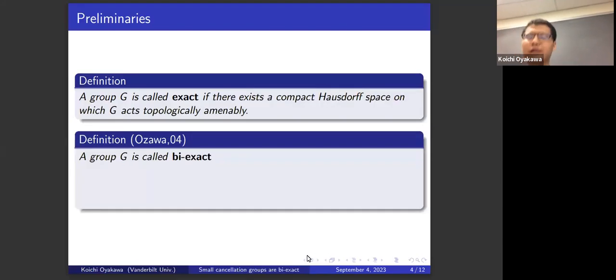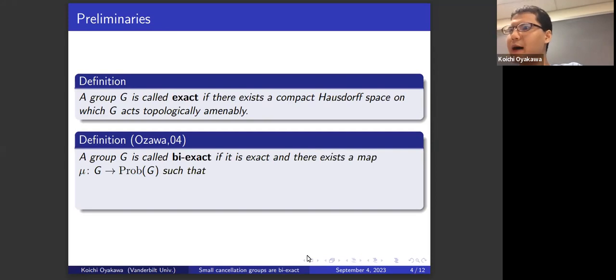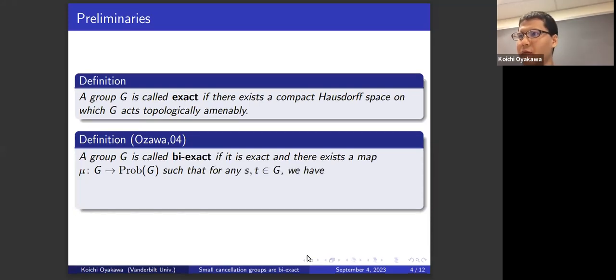So now we can define bi-exactness. A group is called bi-exact if it is exact, and in addition, there exists a map from the group to the probability space of G satisfying the following a little weird conditions. For any two elements of G, when we consider the following weird difference and take the L1 norm, this goes to 0 as x goes to infinity.